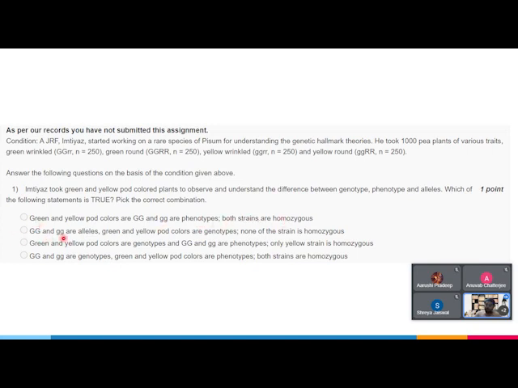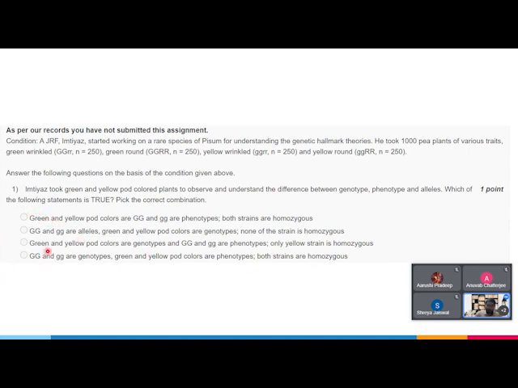Capital GG and small gg are alleles, and green and yellow pod colors are genotypes, and none of the strains is homozygous. Green and yellow pod colors are genotypes, and capital GG and small gg are phenotypes. Only the yellow strain is homozygous, and capital GG and small gg are genotypes. Green and yellow pod colors are phenotypes, and both strains are homozygous.